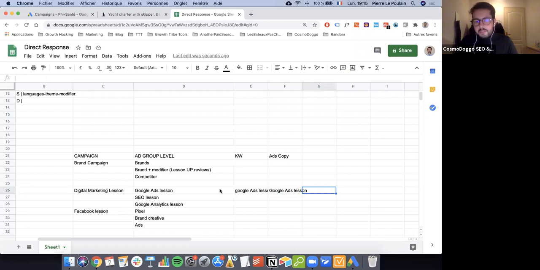Whereas if you are also bidding on digital marketing lessons in the same ad group, people typing digital marketing might find a Google Ads lesson. But on digital marketing, they get so many subjects, right? You can learn about SEO, you can learn about Google Analytics. And so Google Ads might be only the tip of the iceberg of what they want to learn. But not everything.